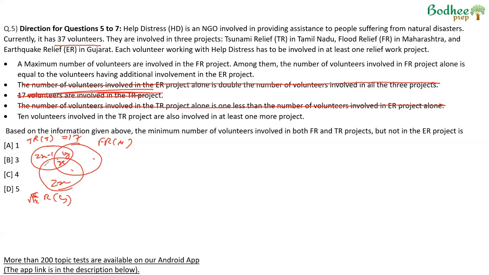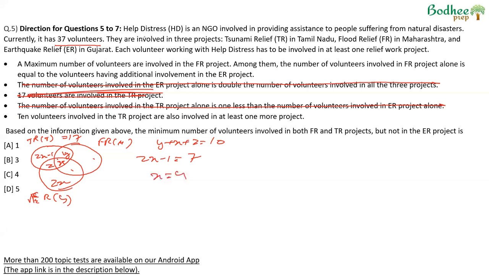Suppose this is Y, this is Z. Y plus X plus Z is 10. So we can say 2X minus 1 plus 10 is equal to 17, because this entire circle is 17, which means 2X is equal to 8. X is equal to 4. So from here we get the value of X as 4.